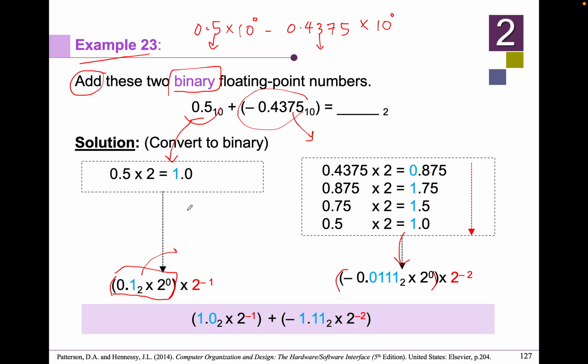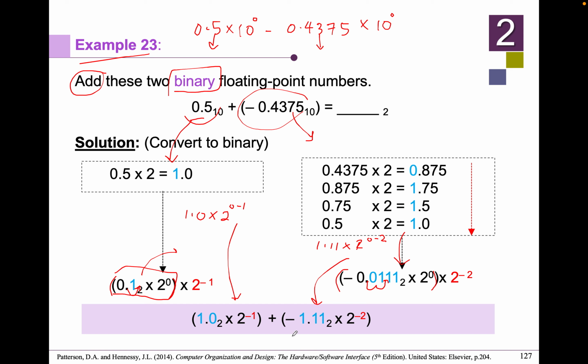Then your normalization will be like 1.0. When you move it to the right, you're going to have 2 to the power of 0 minus 1. Deduct 1 because you move to the right. While for this part, you're going to move 1, 2 times. That's why you're going to get 1.11 times 2 to the power of 0 deduct 2. And you will get this answer.